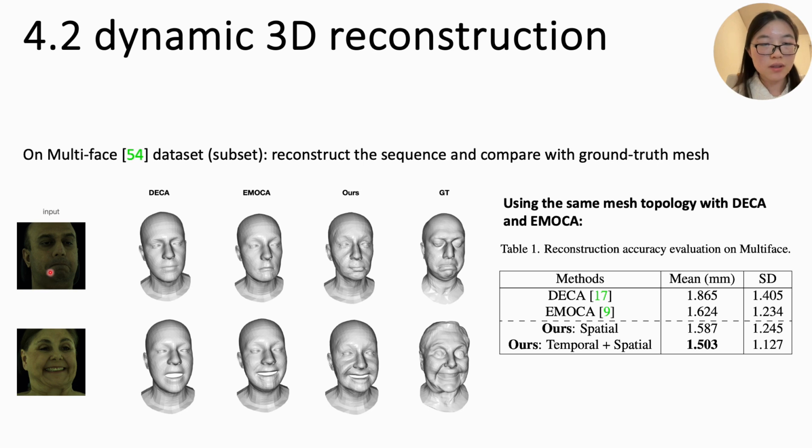There are two examples showing the difference between the reconstructed faces and the ground truth faces using different methods. In the right table, we show a comparison with two existing models that use the same mesh topology as ours, and it shows that on the subset of Multi-Face, our model can achieve a smaller mean square error and a significantly smaller standard deviation, which also indicates smoothness.